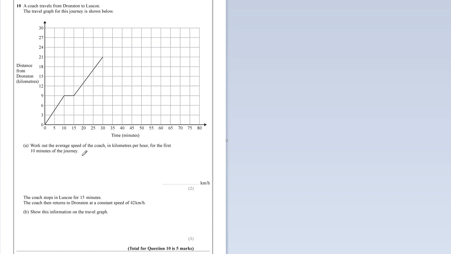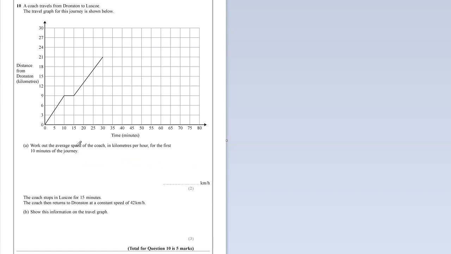The first thing to note is the required units are kilometers per hour, while the graph time is in minutes. So we must convert the 10 minutes to a fraction of an hour, and we do this by dividing it by 60 minutes. Also note the units here are kilometers per hour, which tells us how to find the speed. We simply divide the kilometers travelled by the time.